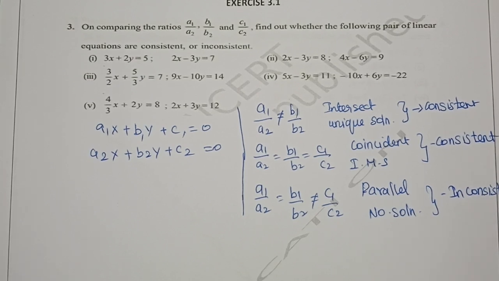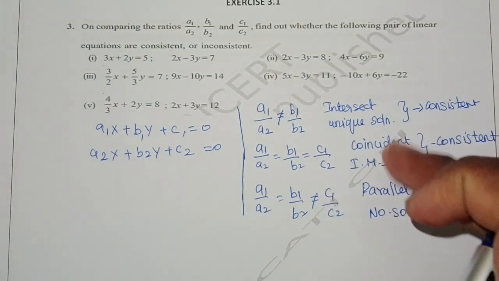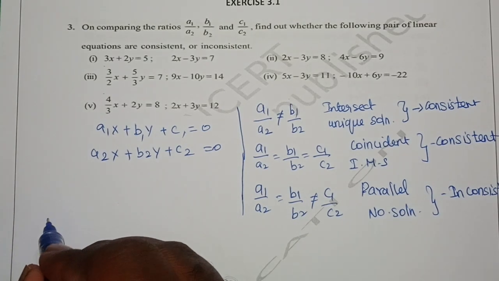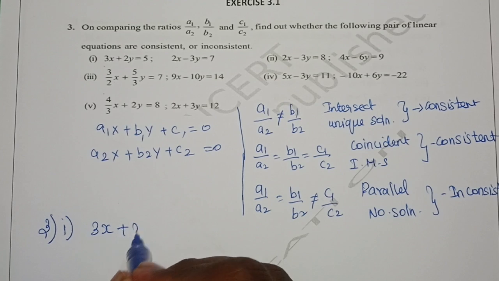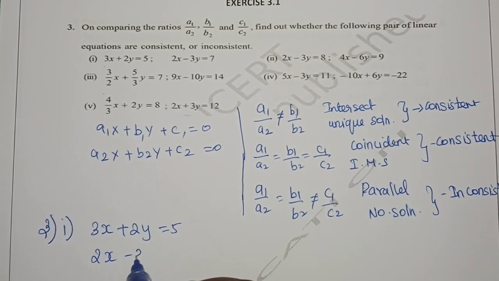Now you can understand the problem very easily. We need to check whether the problem falls under these three conditions. Now, third sum, first subdivision: 3x plus 2y equal to 5, 2x minus 3y equal to 7.